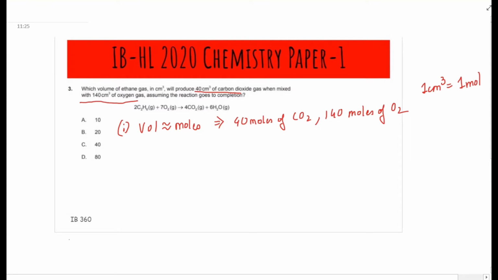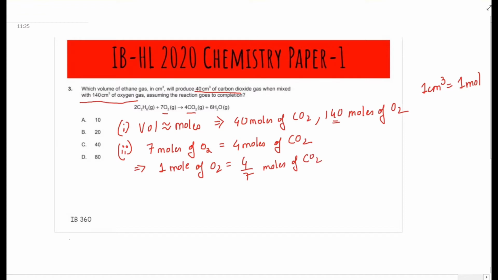That's the first step. Secondly, we need to find out if oxygen is the limiting reagent or the excess reagent. From the stoichiometry of oxygen and carbon dioxide, I can write that 7 moles of O2 would give you 4 moles of CO2. Now, dividing both sides by 7, 1 mole of O2 will give you 4 by 7 moles of CO2.